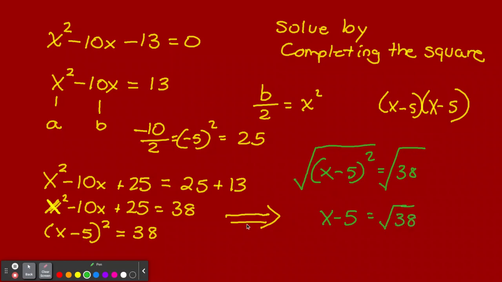It's not a perfect square. So we add 5 on both sides. Remember, this is going to be plus or minus the square root of 38. So we have two answers. The first is x equals 5 plus the square root of 38, but also x equals 5 minus the square root of 38, because we did say plus or minus.